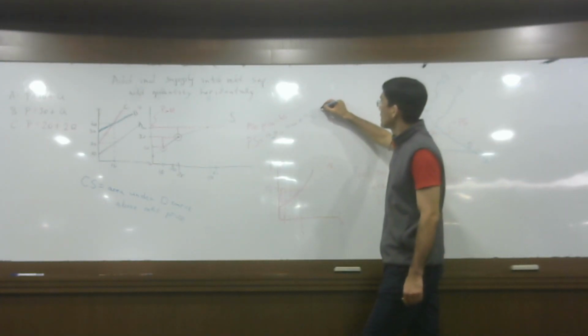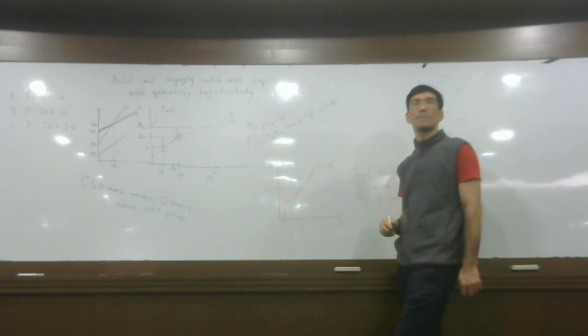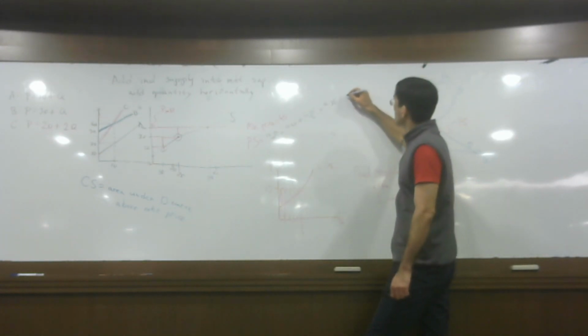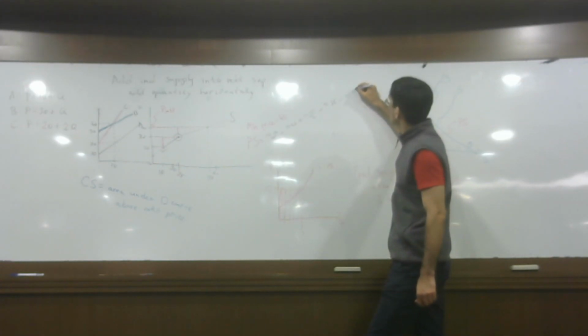That remaining rectangle is 10 times 25, and plus the remaining triangle is 10 times 25 over 2.